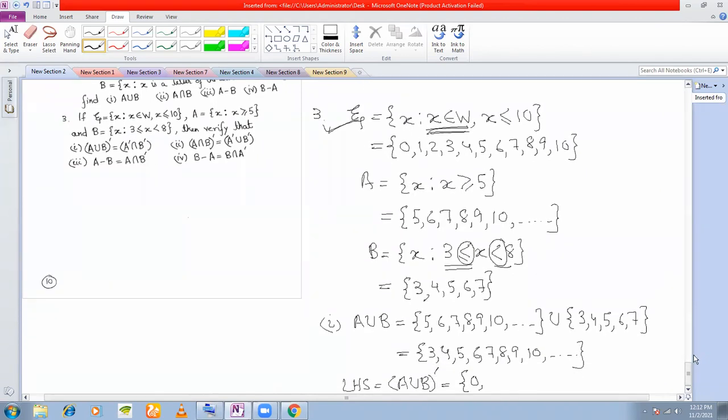Now here there's a small mistake that I have made. The universal set is only up till 10, so when I write x greater than or equal to 5, this set will end here. This will not be an infinite set. This will be a finite set, because the universal set is only up till 10. Do you understand this point?